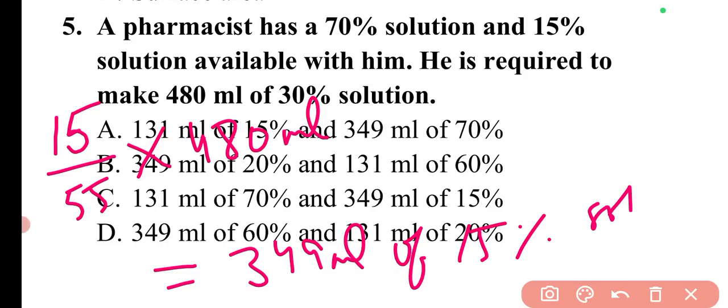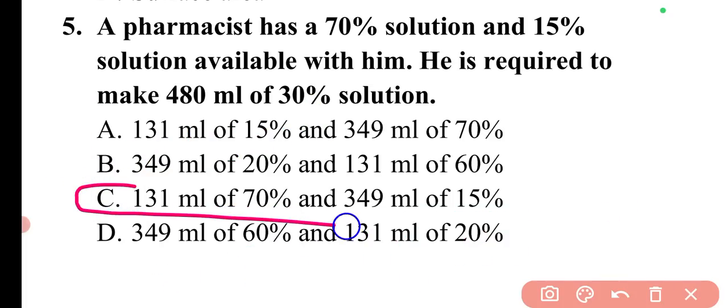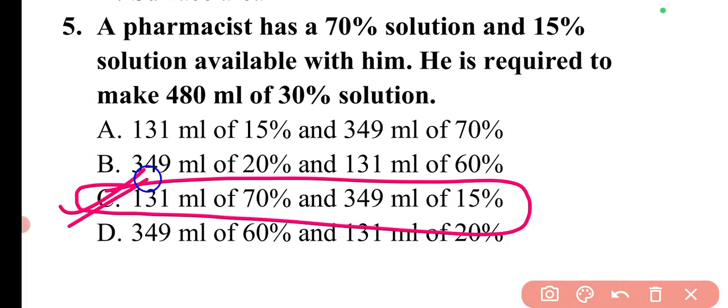So we have both the quantities: 131 ml of 70% solution and 349 ml of 15% solution. So here the answer will be option C, correct.